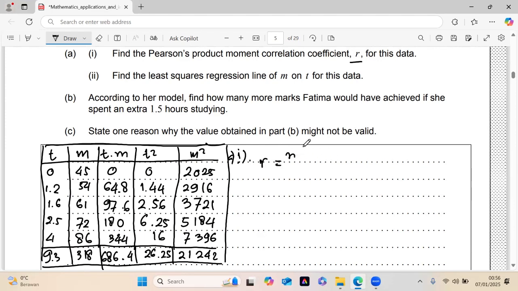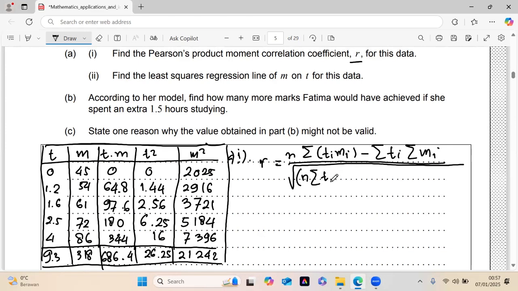Our formula is n times sigma TiMi minus sigma Ti sigma Mi, over the square root of (n sigma Ti squared minus (sigma Ti) squared) times (n sigma Mi squared minus (sigma Mi) squared). Actually, you can find the correlation coefficient through a calculator, but I would like to show you how we calculate it through the formula.